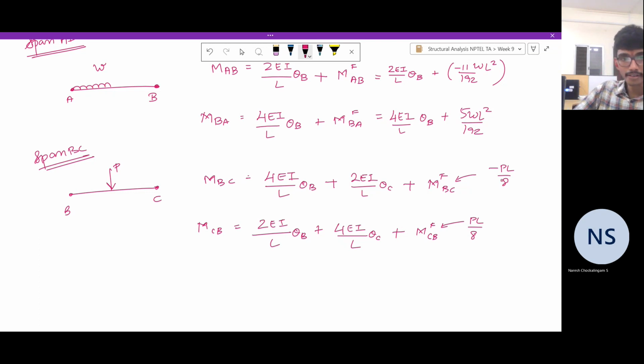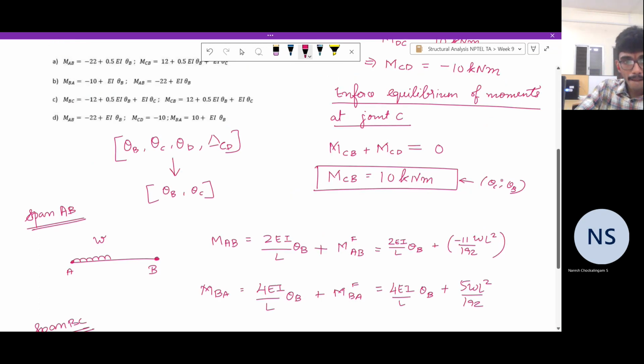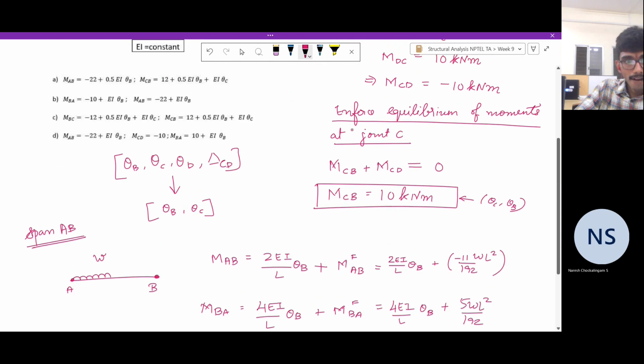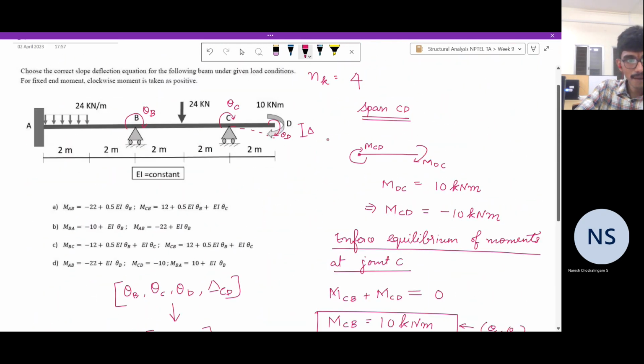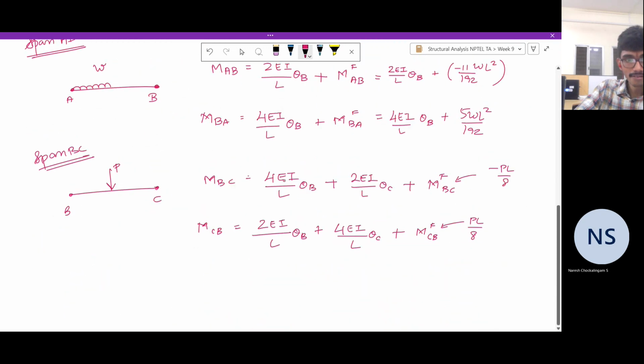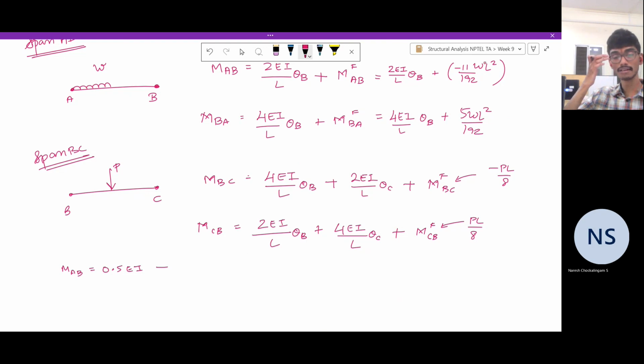So let us just plug in the values. The spans are all 4 meters. So MAB is 0.5 EI theta B minus, so W is 24. 24 by 192 is 1 by 8. L square is 4 square, 16.